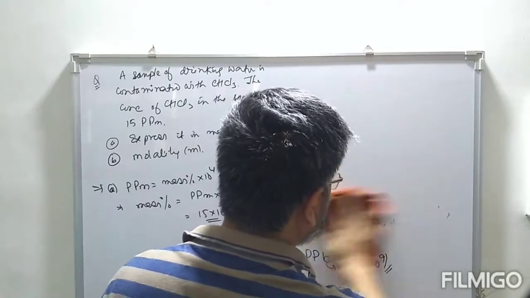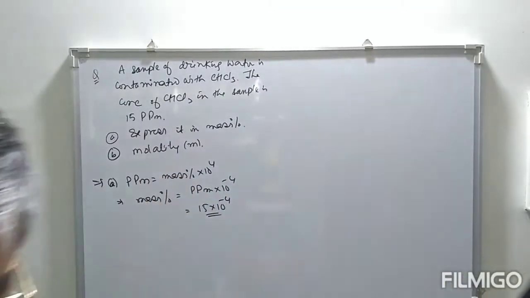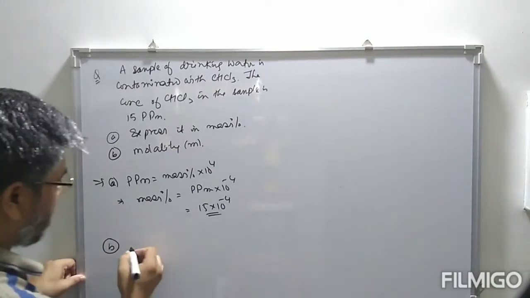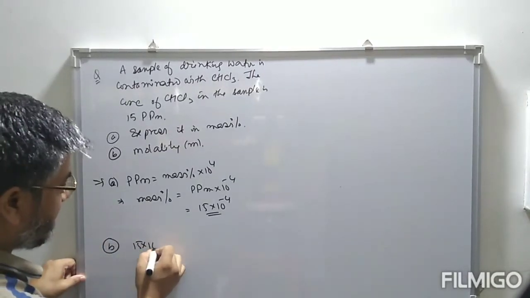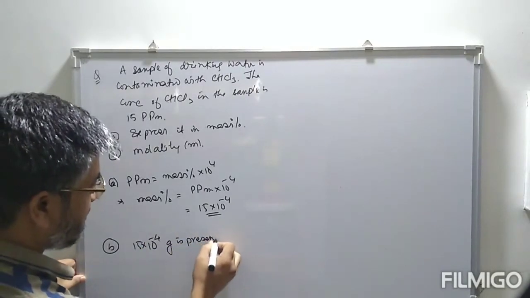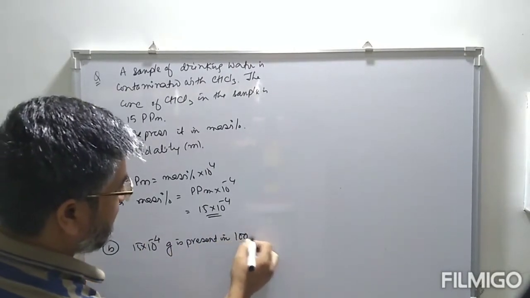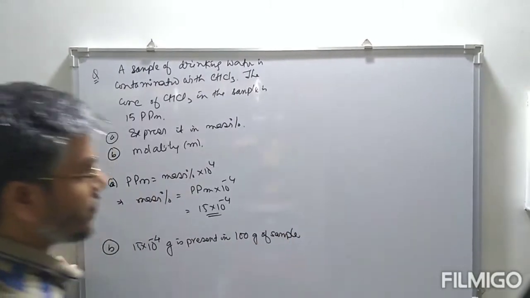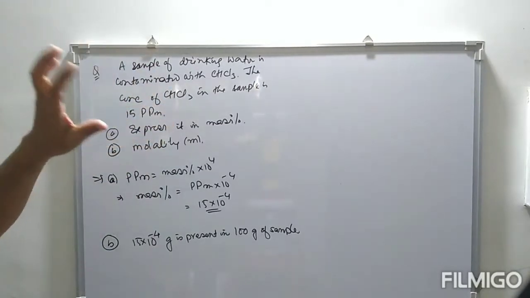Now the second part is to define the molality. We have 15 into 10 to the power minus 4 gram present in 100 gram of solution of water.